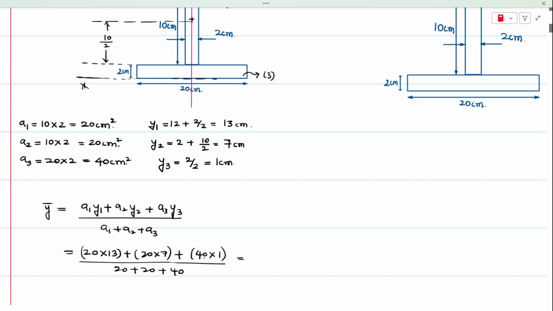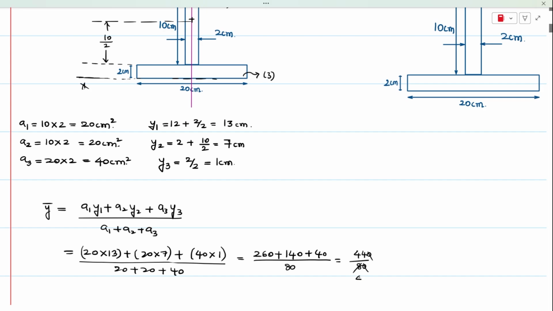So this is 20 times 13 is 260, plus 20 into 7 is 140, next is plus 40, whole divided by 80. So 260 plus 140 plus 40 is 440. 440 divided by 80, the 0 and 0 will be cancelled.